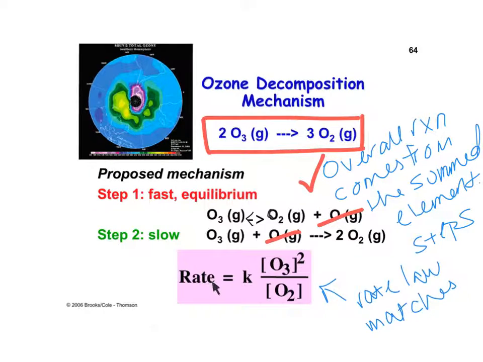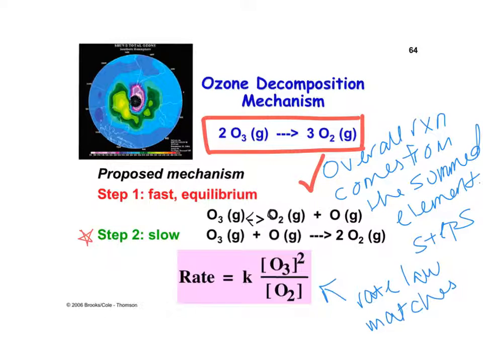So what we have here is a rate law. Just take a look at it. Rate equals k, concentration of O3 squared, over concentration of O2. Now, what I told you earlier was that, here, I'm going to get rid of those crossouts, from the slow step, we should be able to write a rate law directly that should match this one.